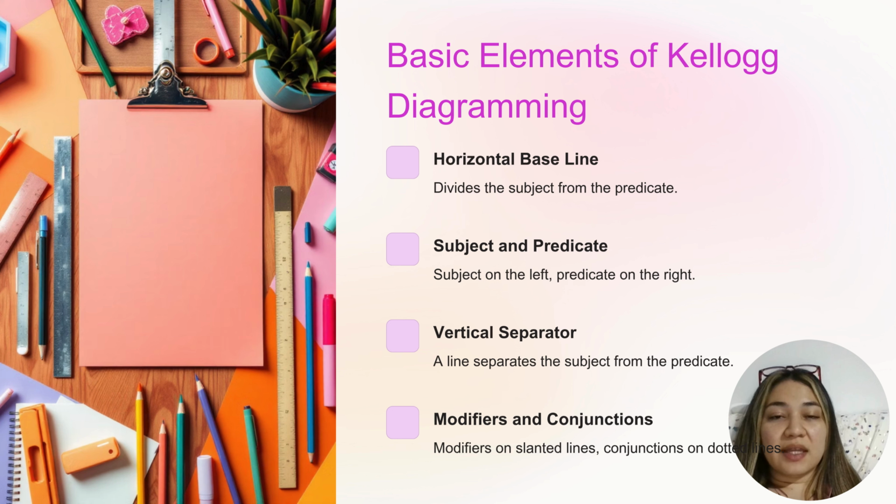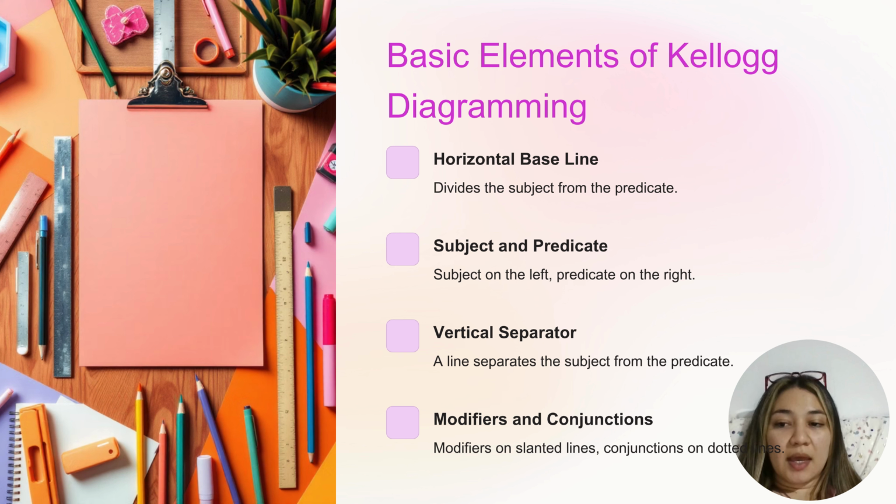Then, an extra horizontal line: if the verb has a direct object, it goes here right after the verb. And a short vertical line after the verb shows the direct object of the verb.